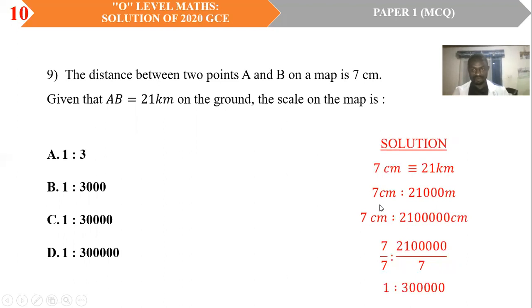Now, if we want to change this to centimeters, we know that 21 kilometers is 21,000 meters. And this same 21 kilometers is the same as 21,000 times 100.